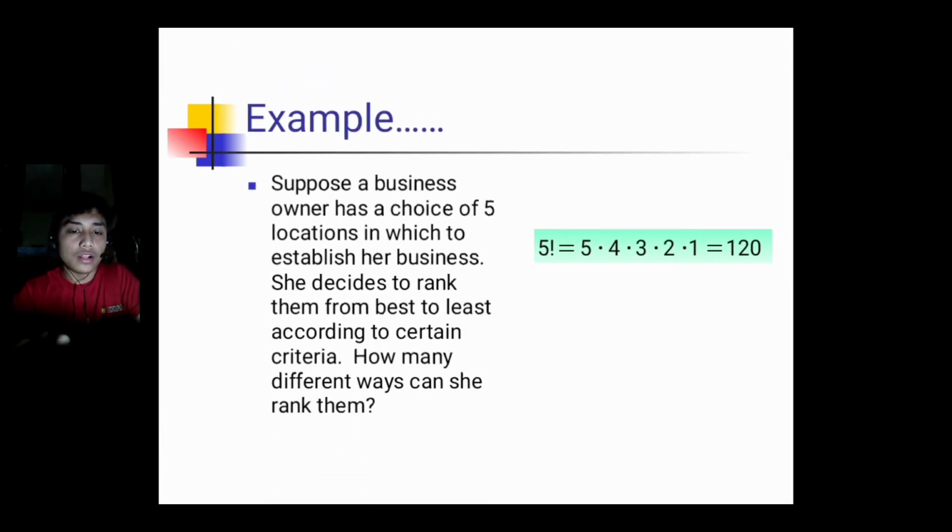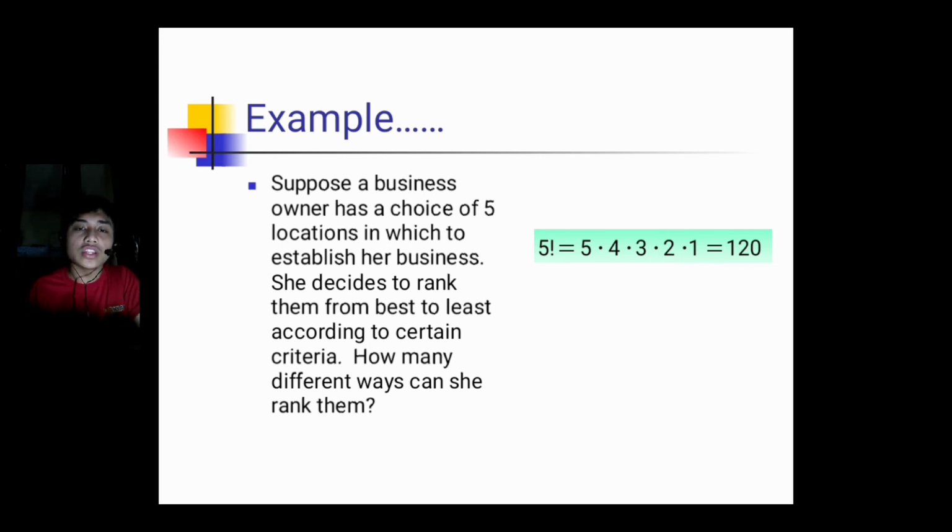Example: suppose a business owner has a choice of 5 locations in which to establish her businesses. She decides to rank them from best to least, according to certain criteria. How many different ways can she rank them?